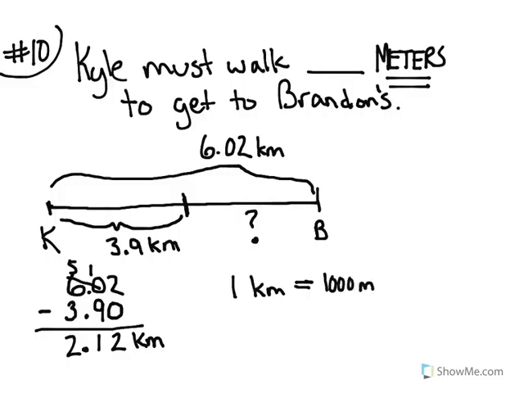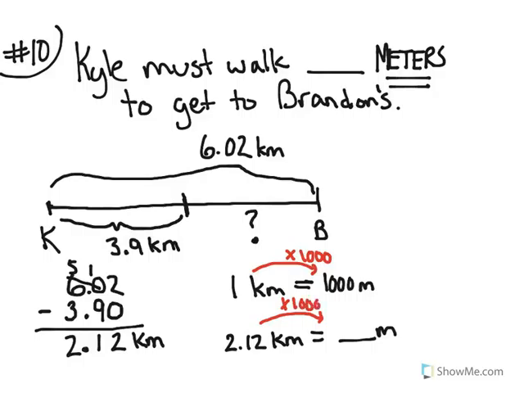Because I have kilometers, notice I'm going to line it up so that I have kilometers on the same side of the equal sign, and I need to find meters. So to go from 1 kilometer to meters, I'm going to multiply by 1,000. So that means I need to multiply by 1,000 down here.